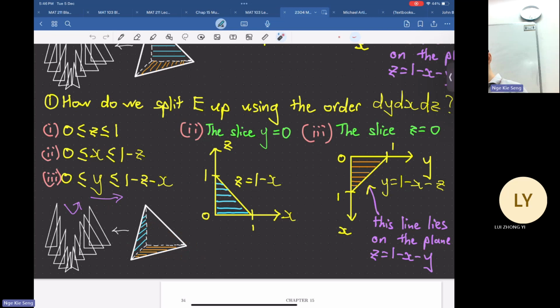So you can see that the y value here is bounded below by 0. And then how about these values here? These values here depend on y equals 1 minus x minus z.